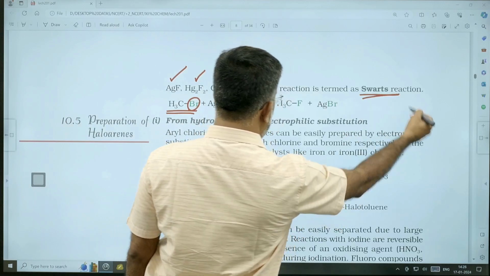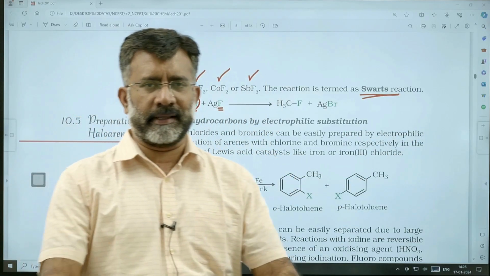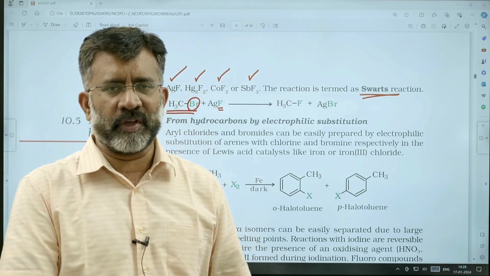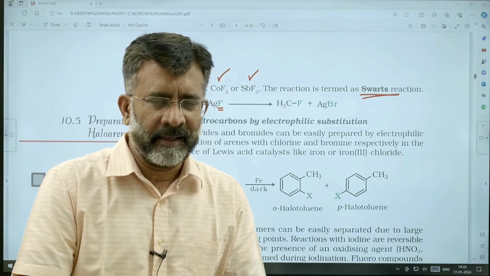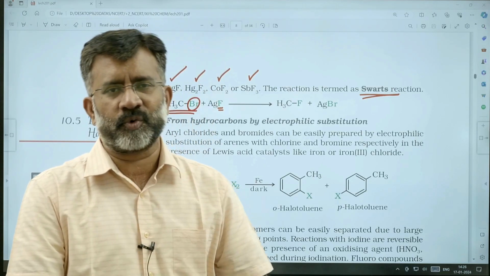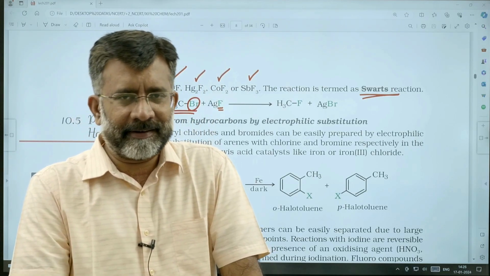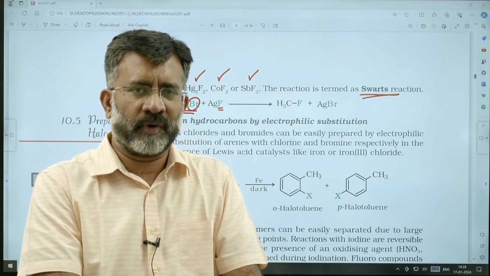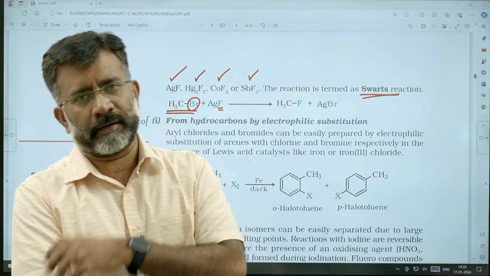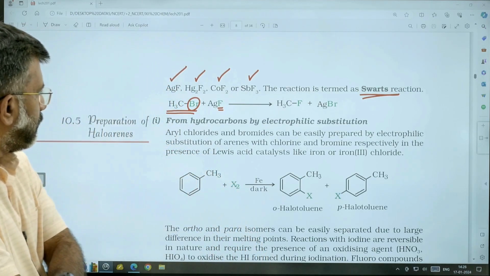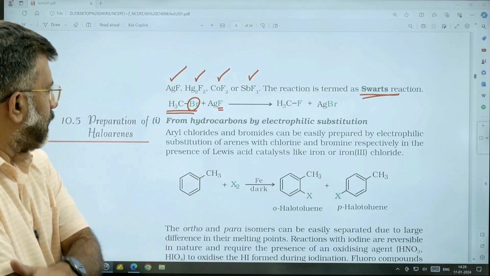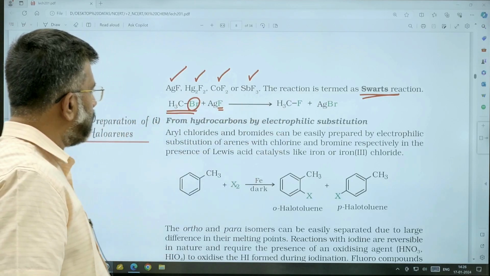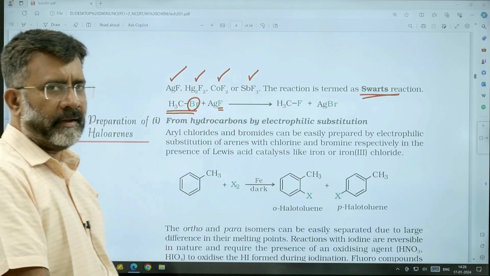It is a very important commercial process, the Swarts reaction. So replacing a halogen with iodine is the Finkelstein reaction, and replacing a halogen with fluorine is the Swarts reaction. In the Finkelstein reaction, we use NaI in dry acetone, while in the Swarts reaction, a metal fluoride like silver fluoride, antimony fluoride or cobalt fluoride is heated with the alkyl chloride or bromide, where chlorine or bromine is replaced by fluorine. That is the reaction.